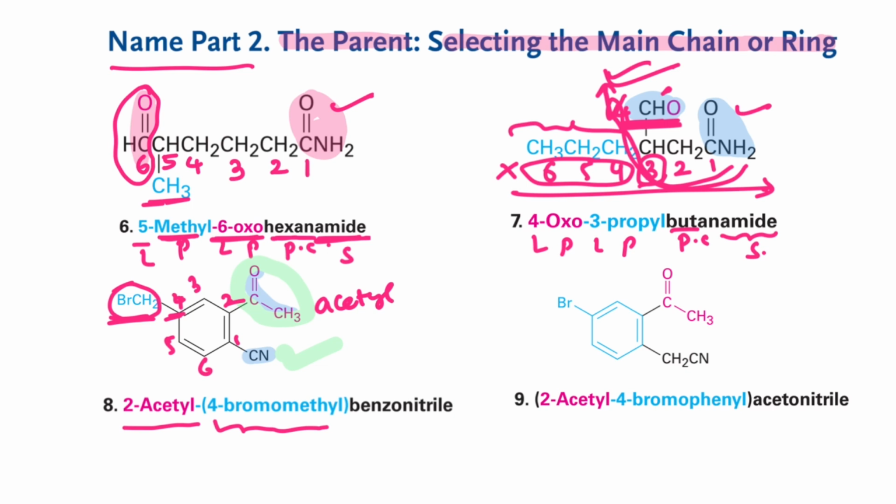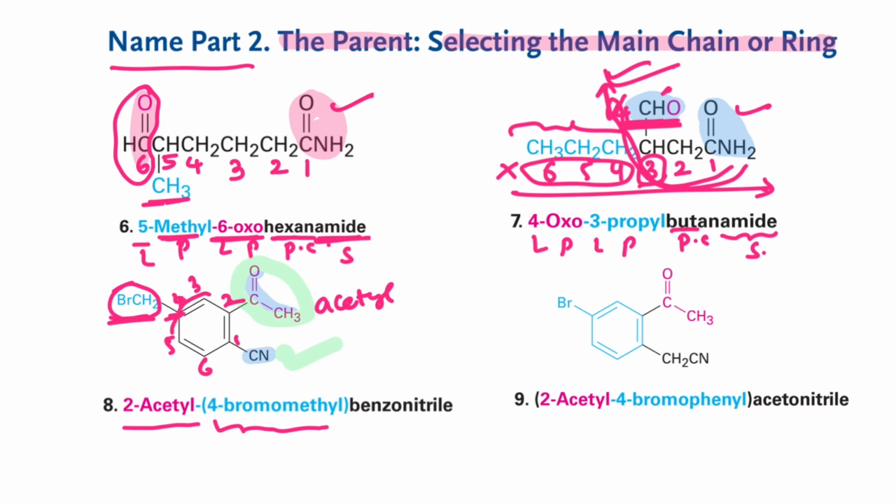It means bromine is a substituent on this methyl, and methyl is a substituent on the ring, so that is called a complex substituent. A complex substituent name is always written in parentheses.